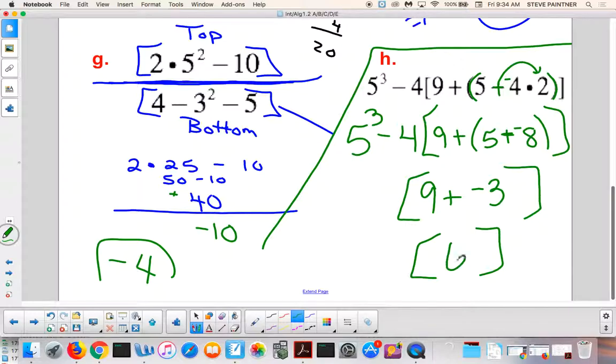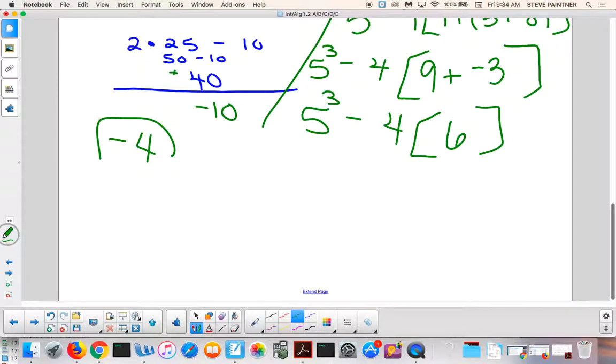6. Okay, you see all this junk out here? I'm just going to copy it down. 5 cubed minus 4. You guys might already see your mistake. Exponent, subtraction, multiplication. Exponent. 5 times 5 times 5 is? Okay. Subtract 4. Bracket, 6. All right, ready?